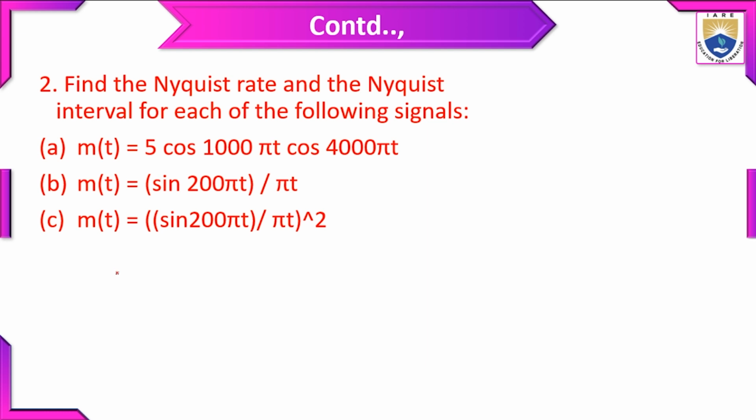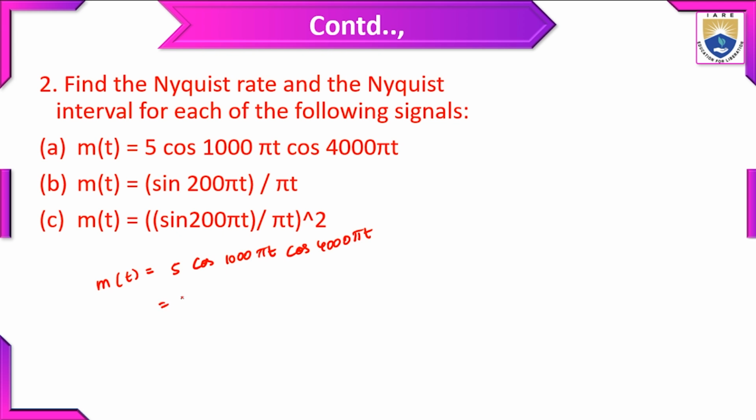So what does the a bit say? m of t is equal to 5 cos 1000 pi t into cos of 4000 pi t.